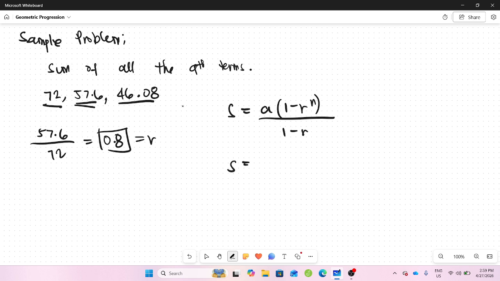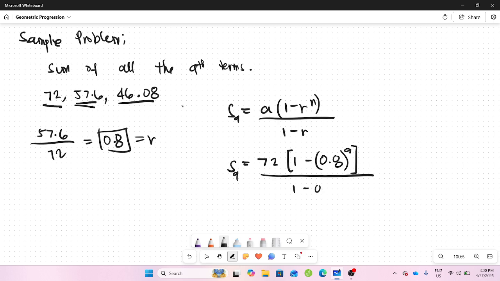The first term here is 72, 1 minus the ratio 0.8 raised to the power of 9, since n is 9, divided by 1 minus 0.8.